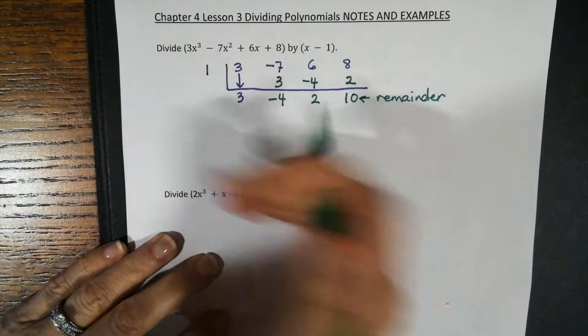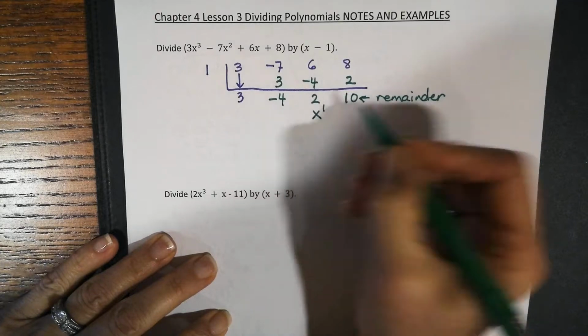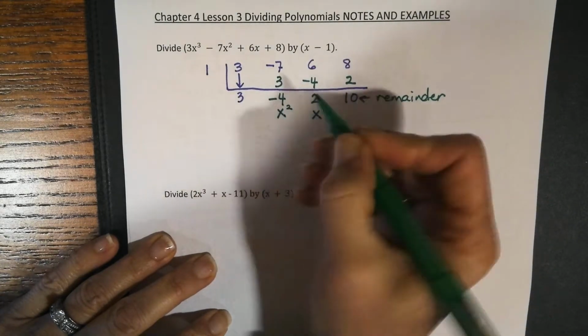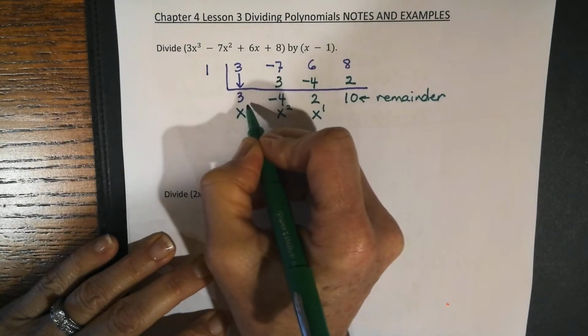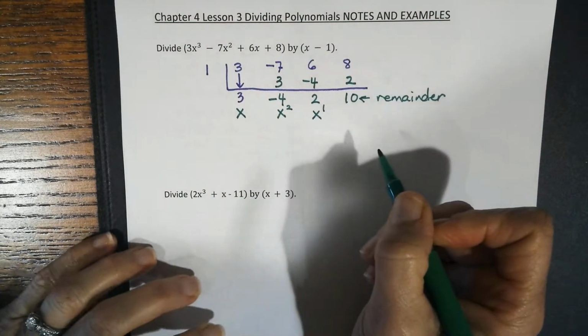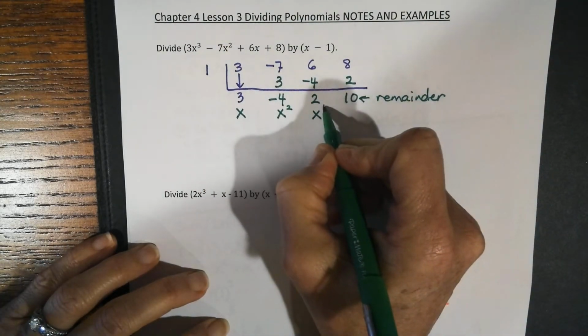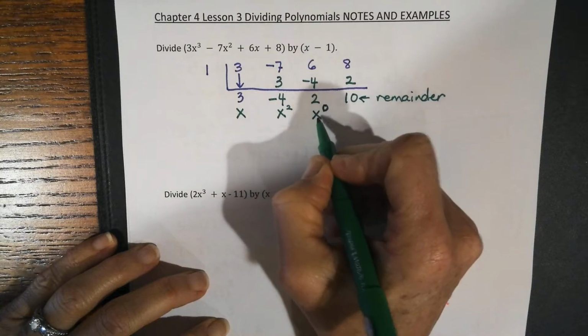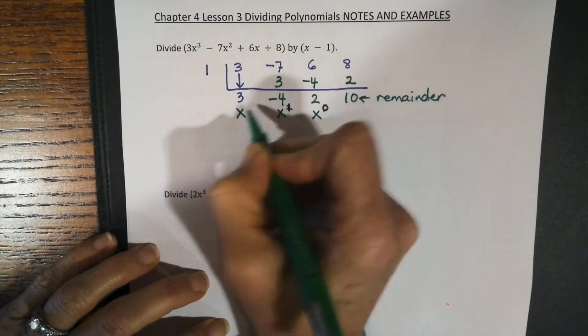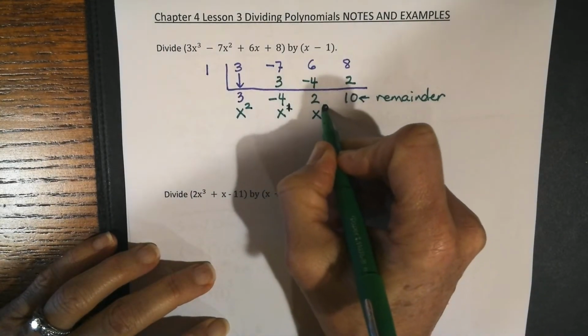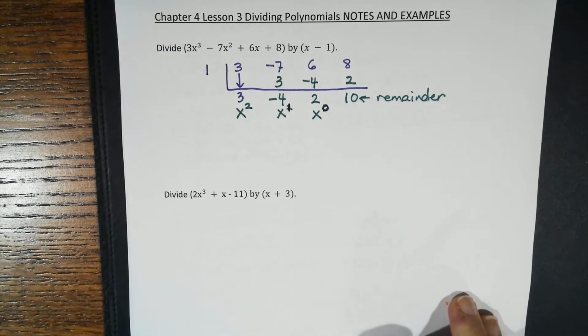Going right to left, this is my x to the 1. This is my x to the 2. This is my x. Nope, sorry, I just messed that up. This is my x to the 0, because that's my constant. That's my x to the 1, and that's my x to the 2. Sorry about that. That is how I sometimes make mistakes, and it's okay.